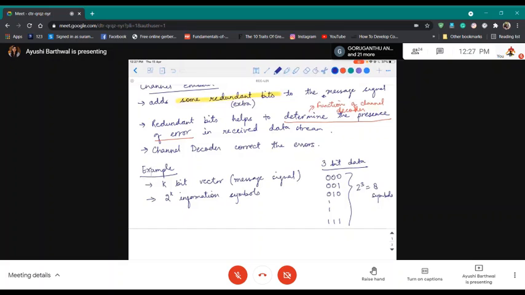Now if we transmit this 3-bit data directly to the receiver without channel encoding, you will be receiving any one of the data.